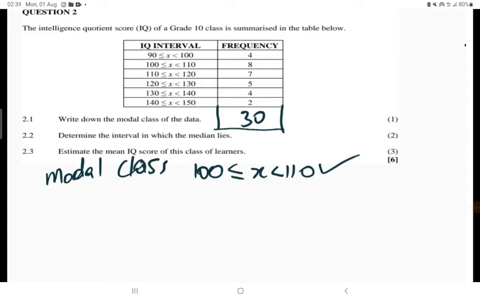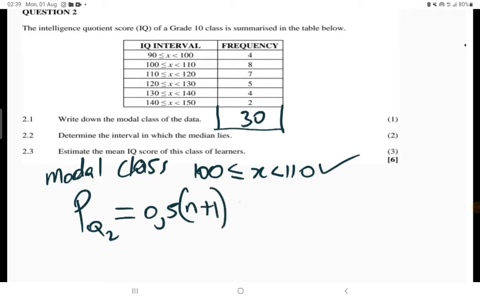Now, we are going to embark on finding the position as we have done with ungrouped data. So the median is position number 2, so it is Q2. So the position is 0.5, which is half, times n plus 1.